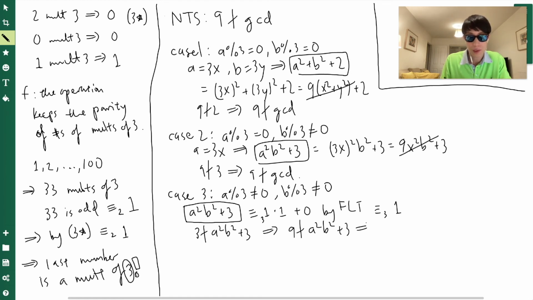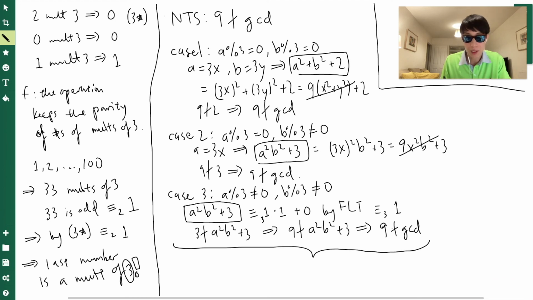And because 9 does not divide the second function, it can't be in the GCD. And that's all your cases. Since in every single case 9 does not divide the GCD, altogether, 9 cannot divide the GCD.